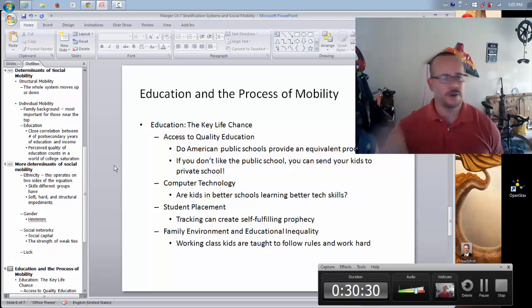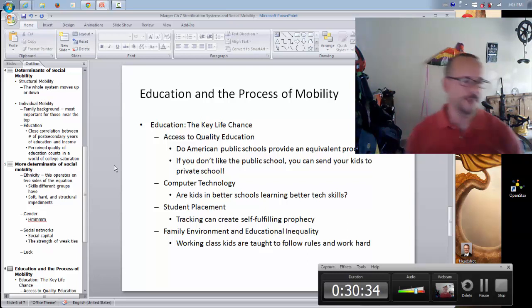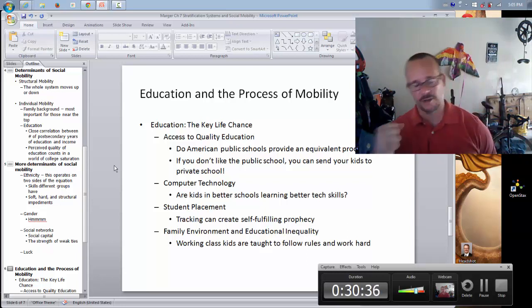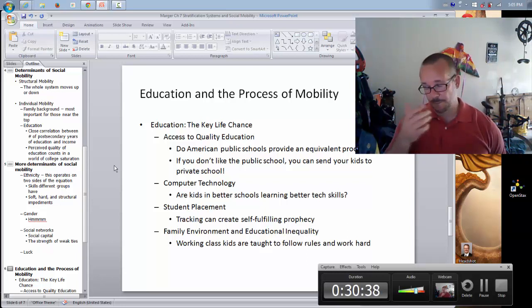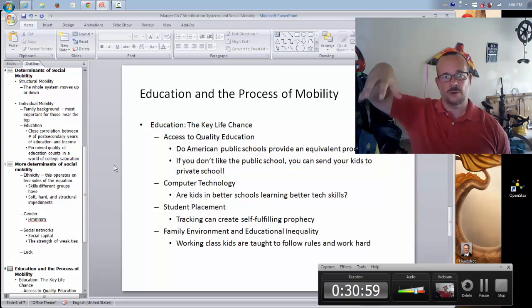So the first component is access to quality education, and you guys are all familiar with this because Macon is such an interesting place. But even though we wish everybody had access to quality education, we know that American public schools do not provide an equivalent product. In many towns I've lived in, if you live on this side of the line, you're going to one school.